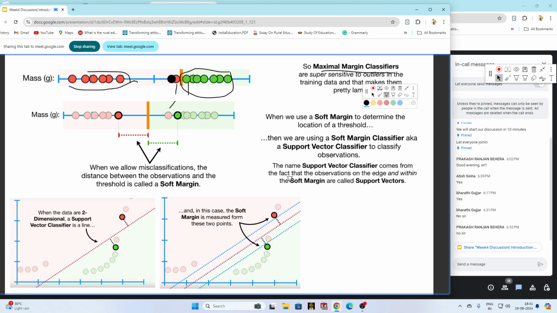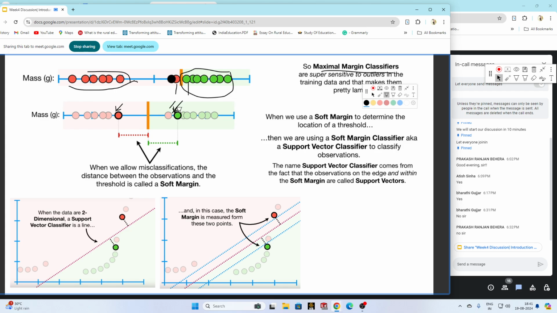The name support vector classifier comes from the fact that the observations on the edges within the soft margin are called support vectors. So these two are our support vectors.